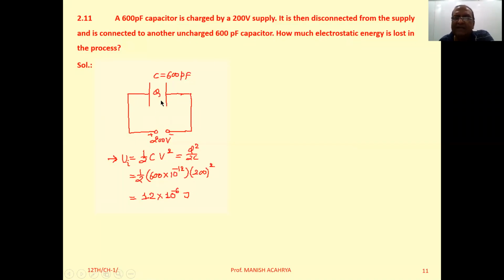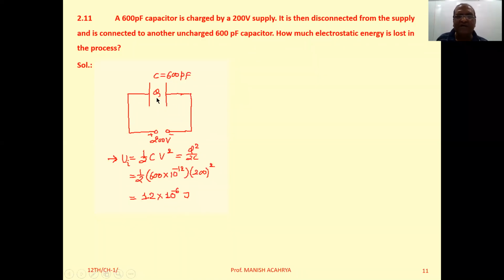Now energy stored in this capacitor, we can write U initial, that is half CV square. We can write it is Q square by 2C also. So half value of C 600 into 10 raised to minus 12, V, that is 200 square of it. So your answer will come to 12 into 10 raised to minus 6 joule.